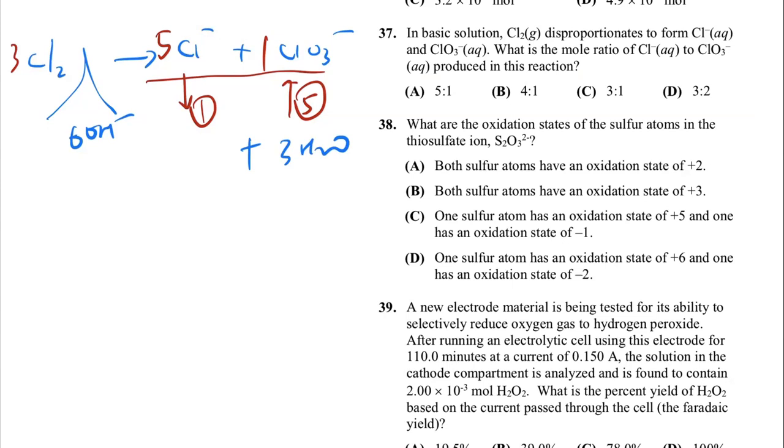Okay, guys. May I give you one practice quickly? Try to finish the balancing in 30 seconds to 1 minute. The reaction is about the reaction between copper and concentrated nitric acid.